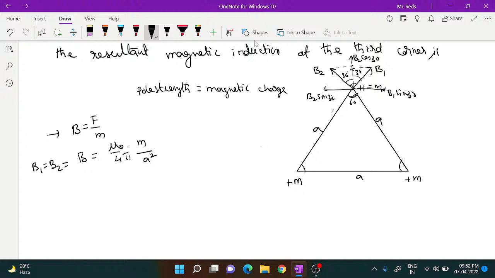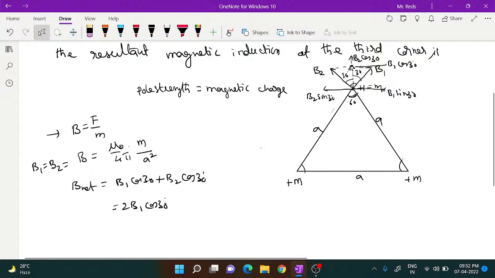And B2 cos 30 and B1 cos 30 will add up. So the net field is equal to B1 cos 30 plus B2 cos 30. As B1 equals B2, you can say 2 B1 cos 30. Cos 30 is root 3 by 2.